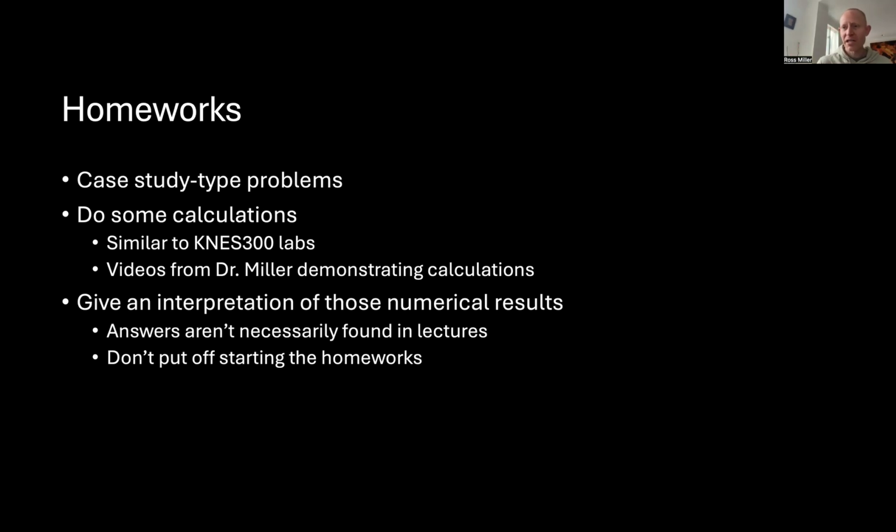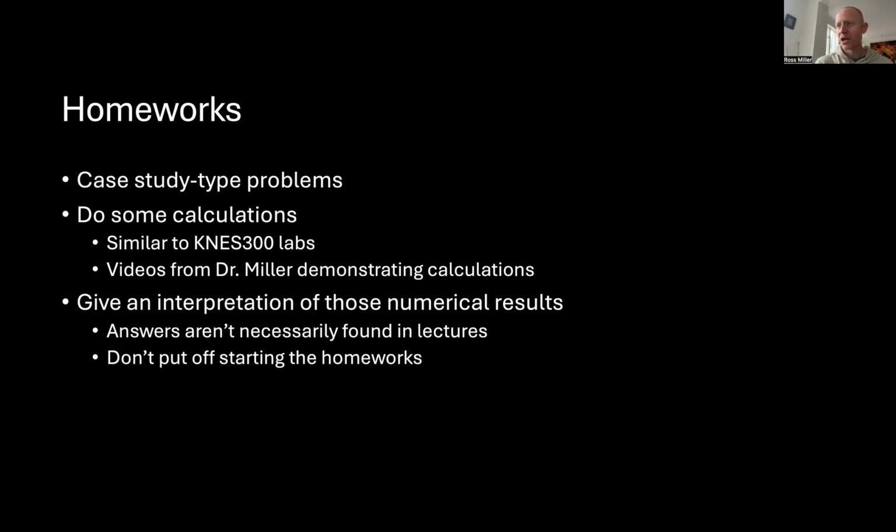And the homeworks in this class kind of pick up where we left off there in that last report in KNES 300. So you're given some questions here in these homeworks, and what you include to demonstrate as an answer to that question is largely up to you.